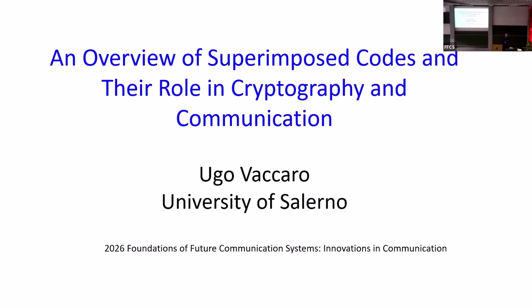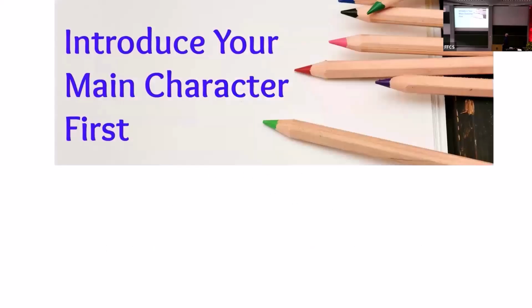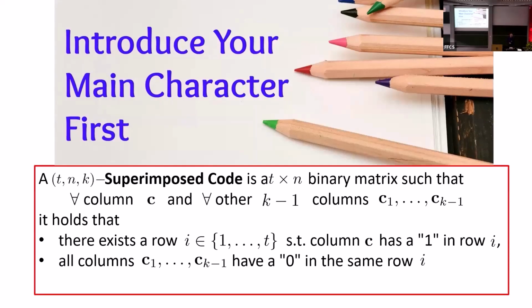I was taught when I was young to start immediately by introducing the main concept that we are talking about. So, for our purposes, a superimposed code is a binary matrix with the following property.